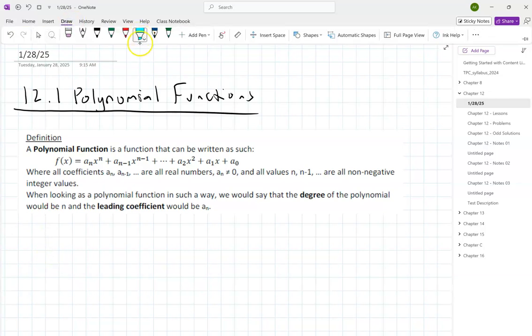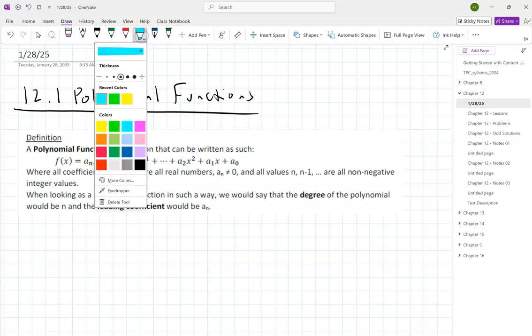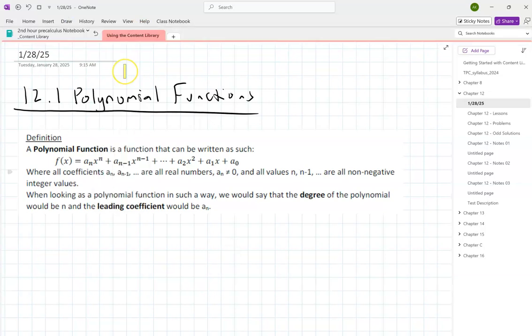Specifically, we can write it as a sub n times x to the n plus a sub n minus 1 times x to the n minus 1 plus yada yada yada a sub 2 x squared plus a sub 1 x plus a sub naught.